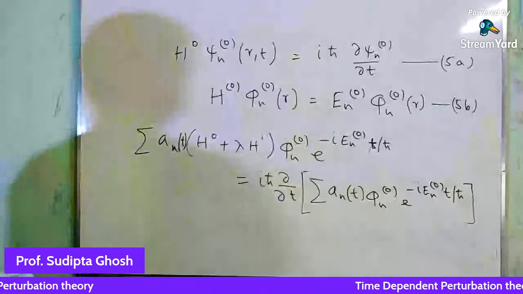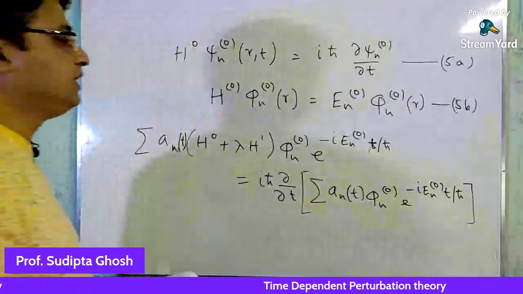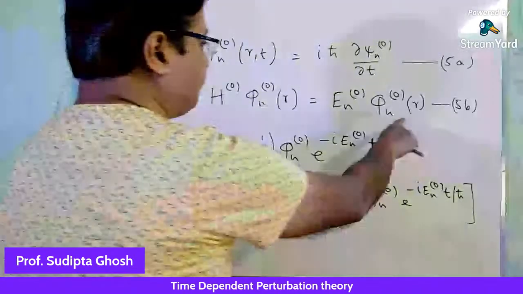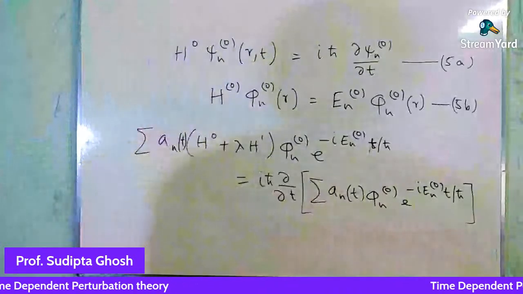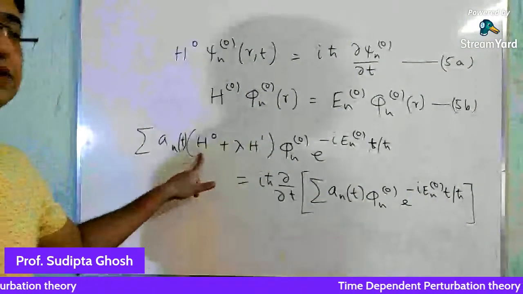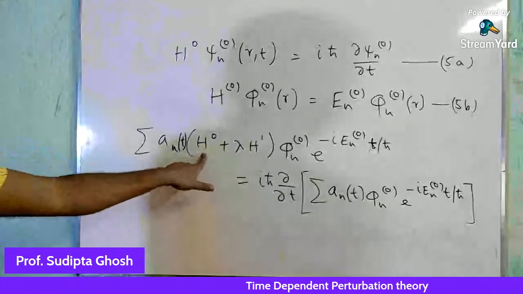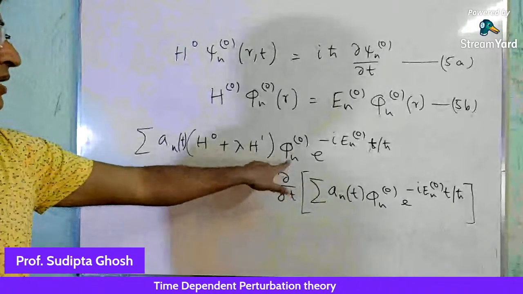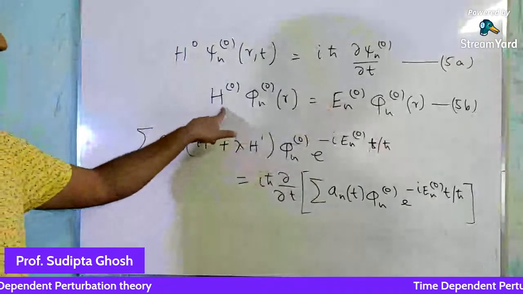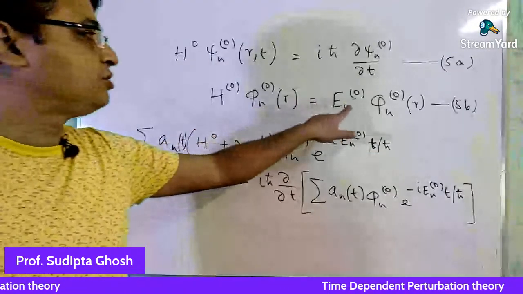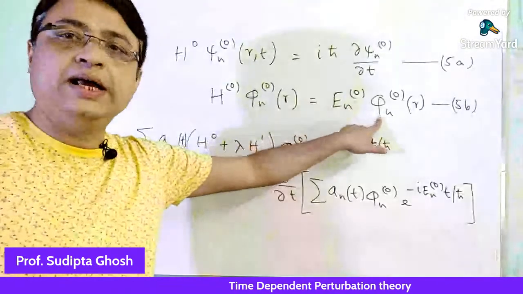Now using the value in equation 5b, that is H0 phi n0. So here in the left hand side of this equation, we have H0 phi n0. From equation 5b, we can write it as H0 phi n0 equals En0 phi n0.